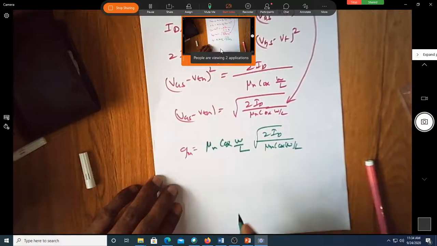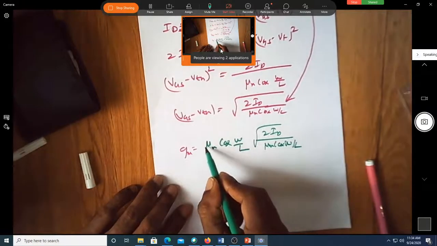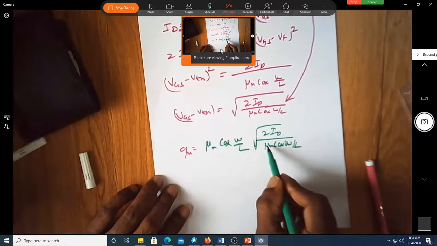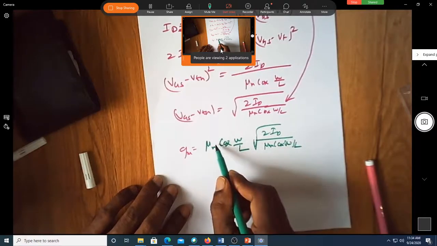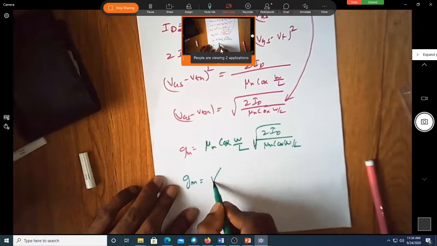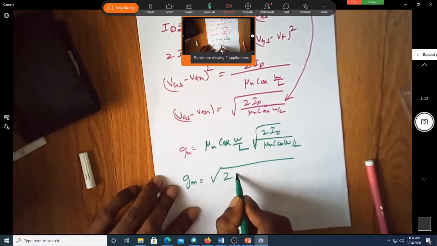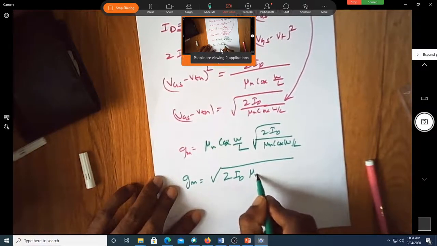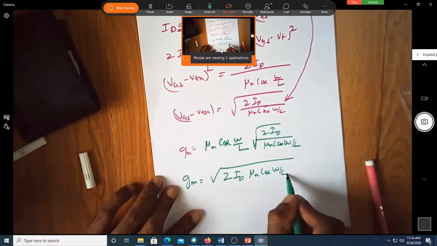Yes, sir. So can you see here, this mu n Cox W by L is under root and this is not under root. Can I write this GM as equal to whole under root of 2ID mu n Cox W by L?